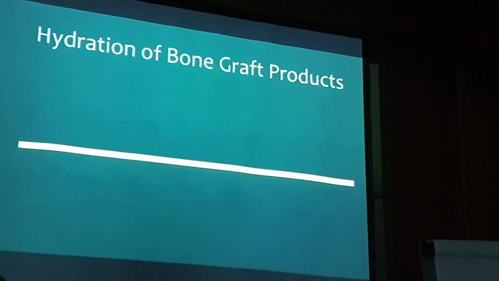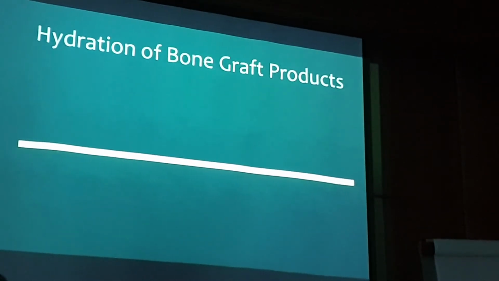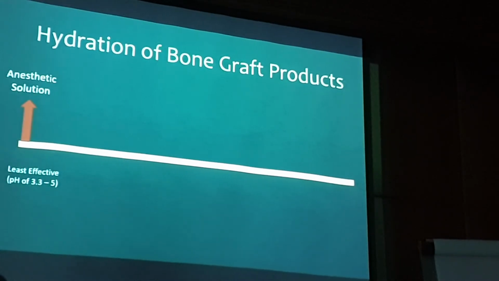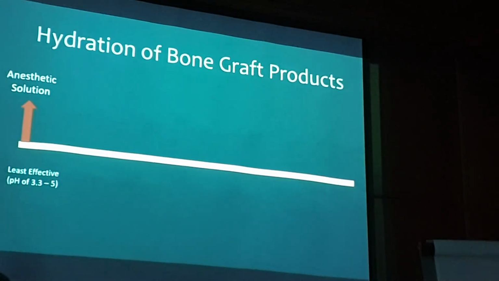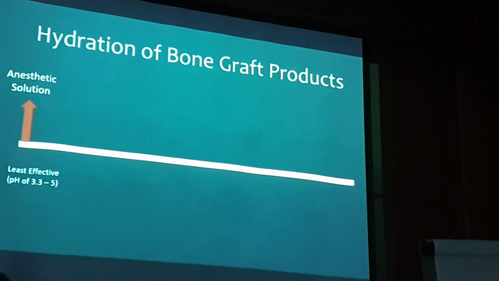Lidocaine is lidocaine hydrochloride, which makes it a what? It's an acid. The pH of anesthetic solutions is 3.3 to 5. Remember before I said as soon as you drop from 7.4 to 7.1 in pH, it completely shuts down osteoblast growth? So when you add an acidic anesthetic solution, you're delaying your bone growth immediately.